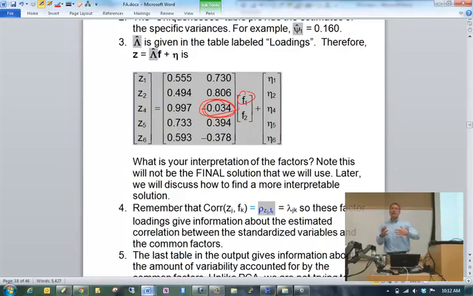And in fact, what you're going to see later is that we'll be able to come up with a different factor analysis model. The same number of common factors, but a different set of lambdas that will allow you to perhaps get a better interpretation. That's both a good and bad thing about factor analysis, that we can actually come up with a different set of lambdas for the same common factors. More on that later.